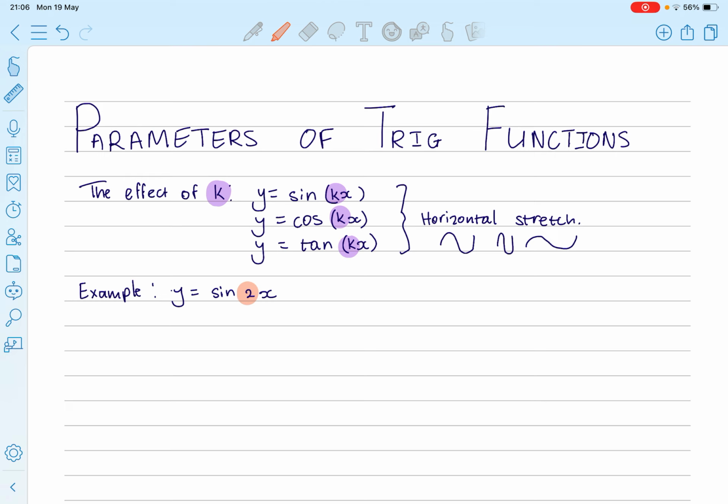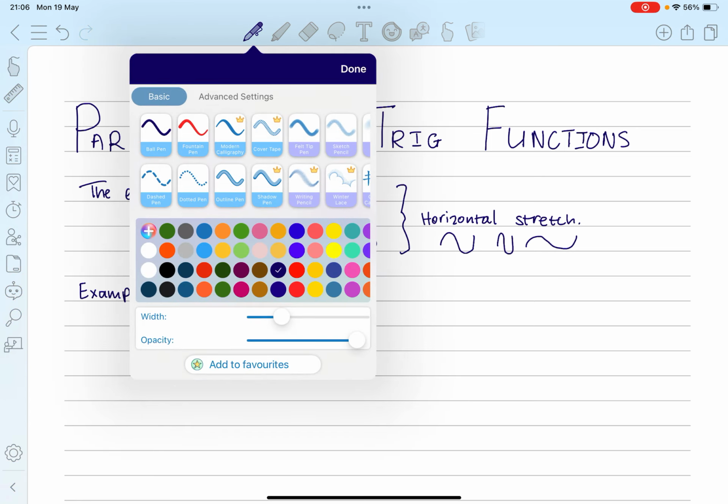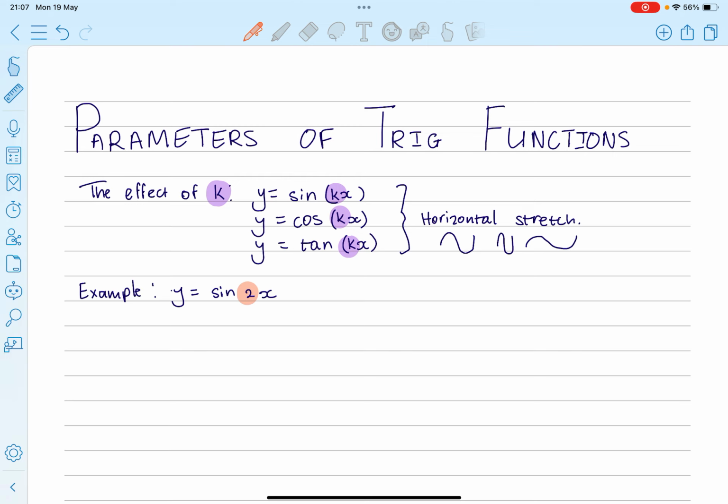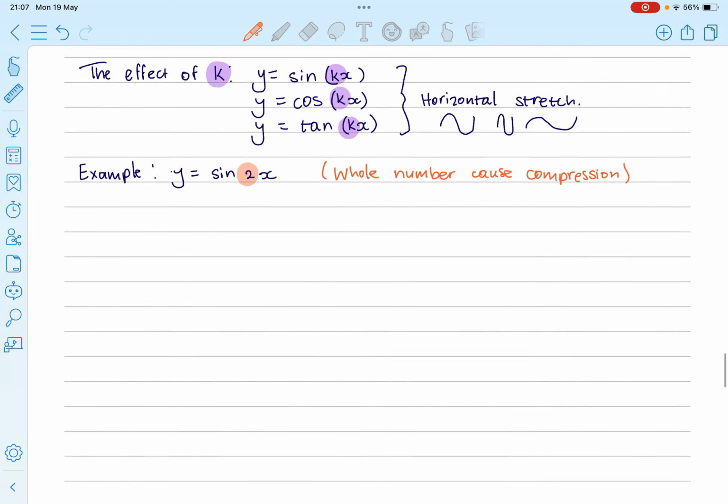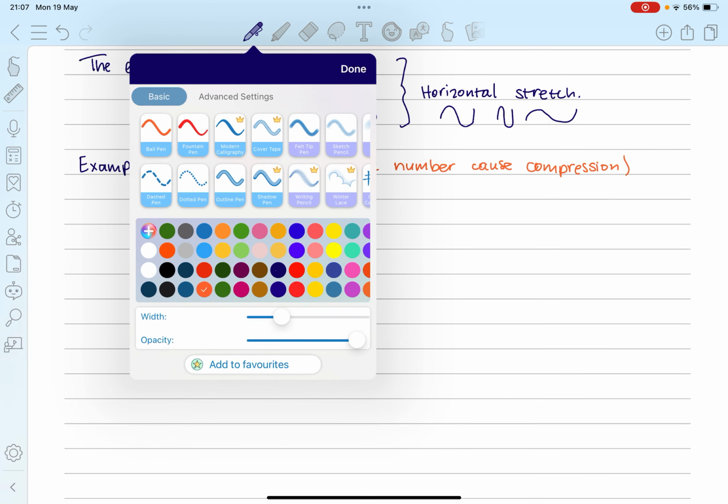And because it is a whole number, we expect to see the graph to be sort of compressed. So whole numbers cause compression. And we're going to draw the graph so that you can see what this compression will look like.